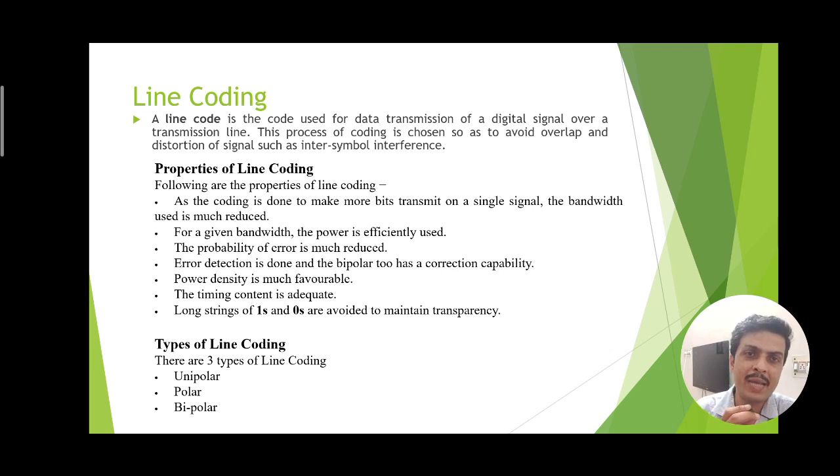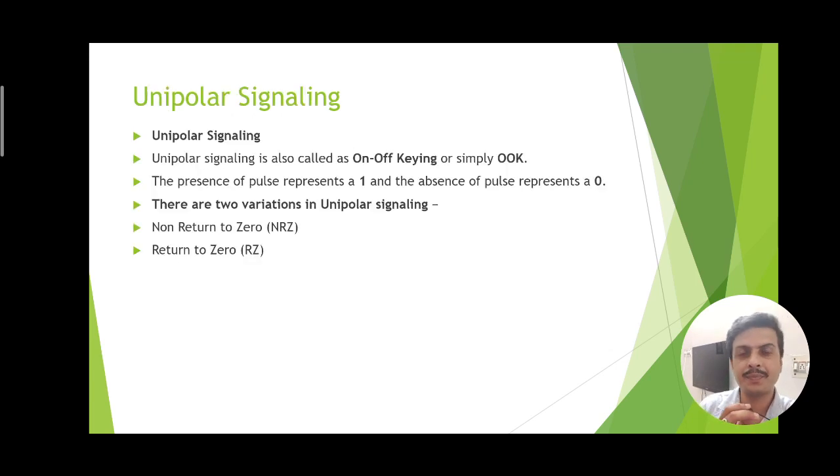The types of line coding are three types. There are unipolar, polar, and bipolar techniques. Now, what is unipolar signaling? For unipolar signaling, only one type of magnitude, either positive or negative, is taken. Unipolar signaling is also called on-off keying or simply OOK.